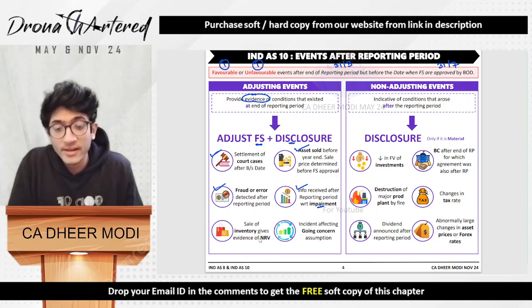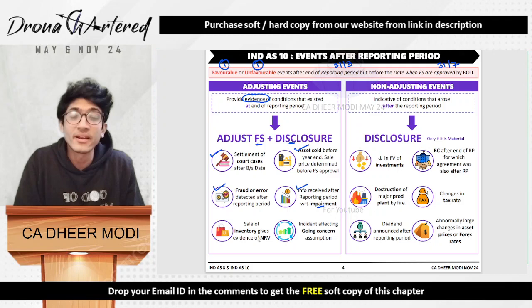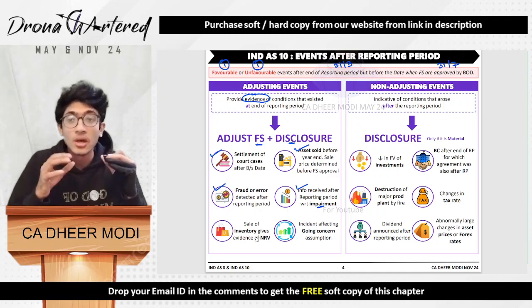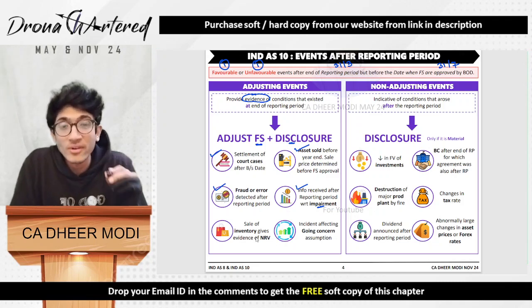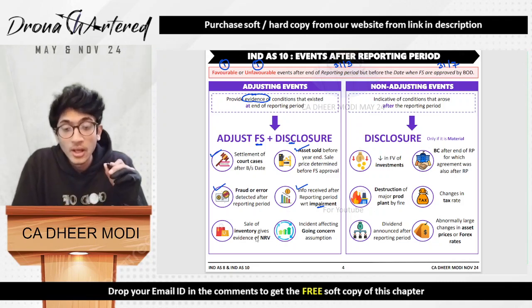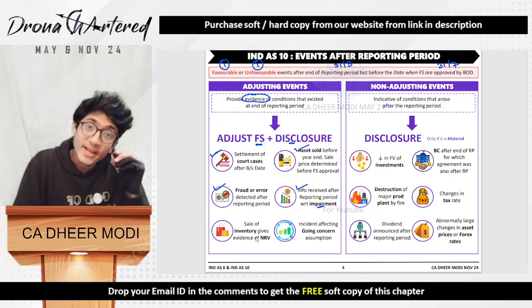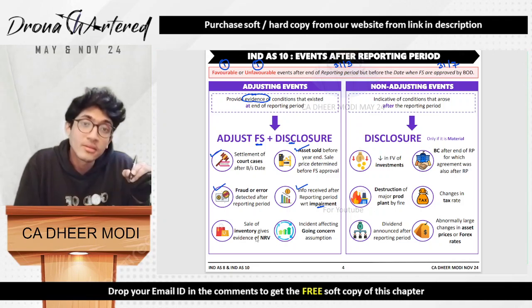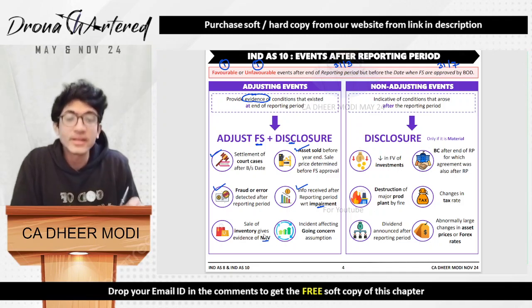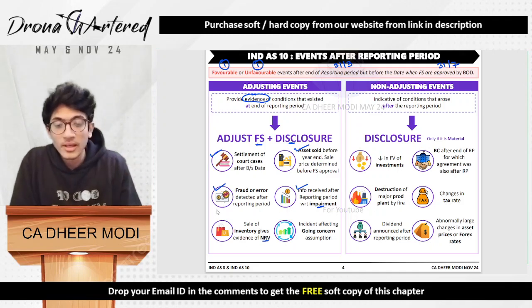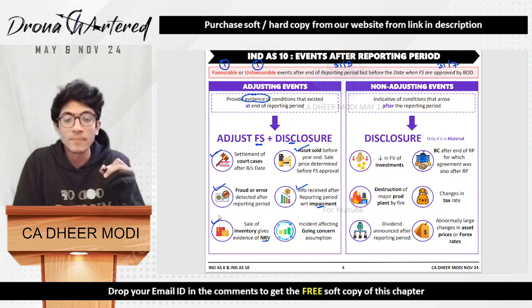Next is sale of inventory that gives evidence of net realizable value, because you value the inventory, as we studied in Ind AS 2, at cost or NRV, whichever is lower. If the NRV that you had estimated differs from the price at which the inventory was actually sold, say a much lower price, it gives the correct evidence of the net realizable value. Then you will consider this net realizable value while valuing your inventory.